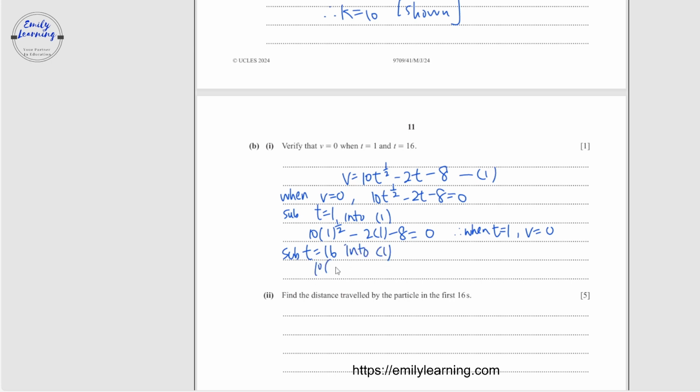So 10 times 16 to the power of half, minus 2 times 16, minus 8, is equals to 10 times 4 minus 32 minus 8. Minus 32 minus 8 is minus 40, and 40 minus 40 is 0. So when t is 16, v is equals to 0. Therefore, we know that when v is 0, t is equals to 1 and t equals to 16. So we have verified this.